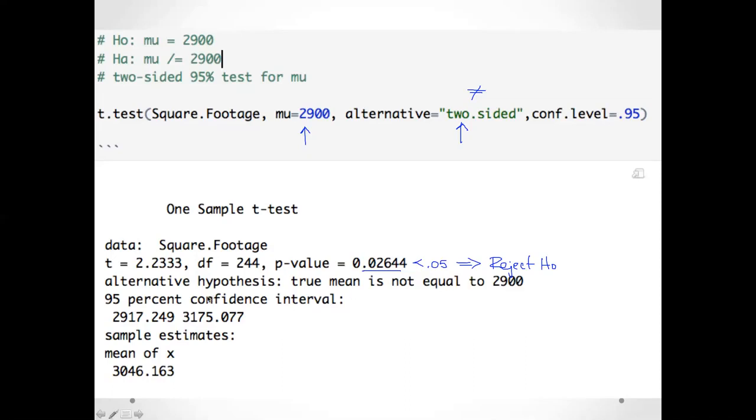Now, since we have rejected the null hypothesis, that indicates we have sufficient evidence to say that the alternative is more plausible, that the average size of homes in the area is not equal to 2,900 square feet. So we have found evidence against the real estate agent's claims that they are about 2,900 square feet.